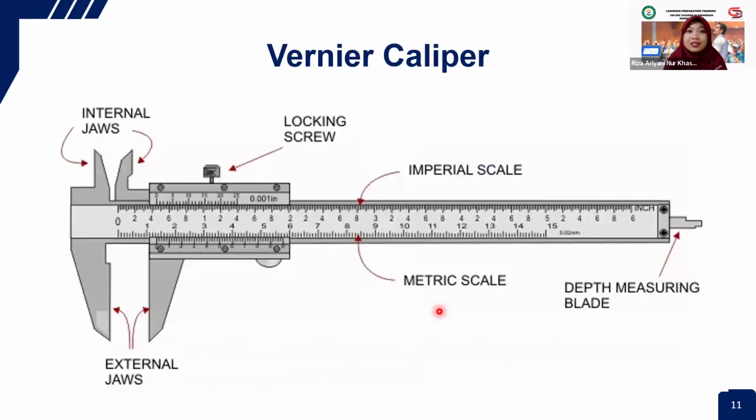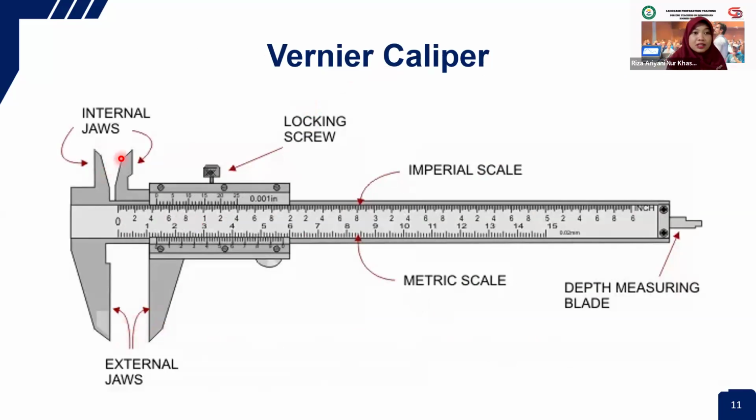Besides a ruler, there is a tool here, the vernier caliper. Yeah, the vernier caliper is used to measure the diameter or the length of an object, but it is limited by the dimension, so only small objects.